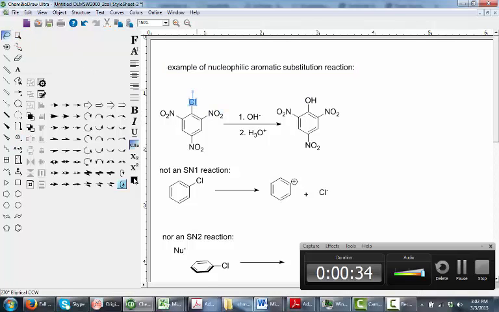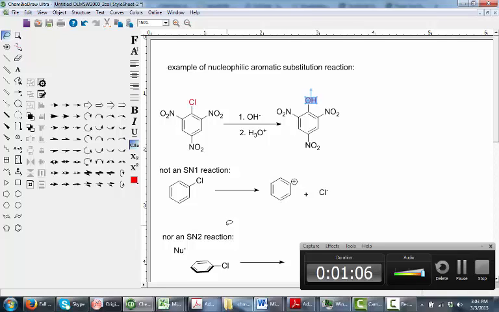This chloride gets substituted, and the mechanism for this reaction is different from everything we've talked about so far. This is not an electrophilic aromatic substitution. It is also not an SN1 or an SN2 type of substitution reaction, and we can go through the reasons for that. This is not an SN1 reaction because, as you will recall from our previous discussions, SN1 reactions require a positively charged carbocation intermediate.